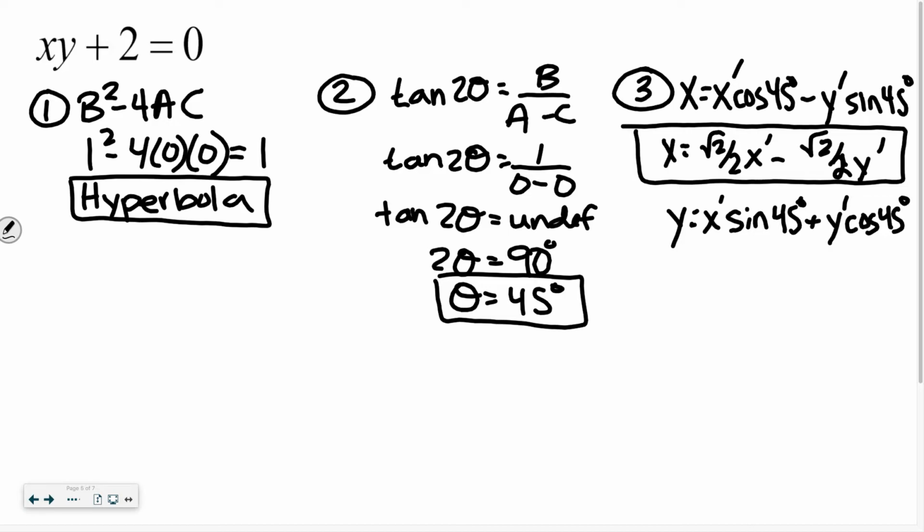So you got to make sure you do steps 1, 2, and 3 accurately. This one will be y equals the square root of 2 over 2 x prime plus the square root of 2 over 2 y prime.